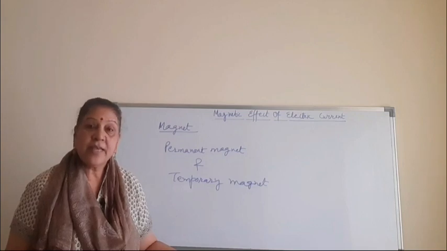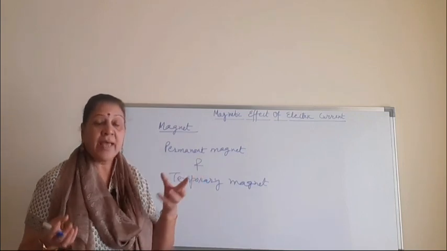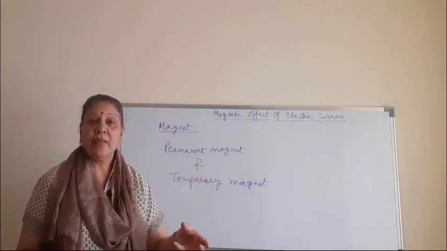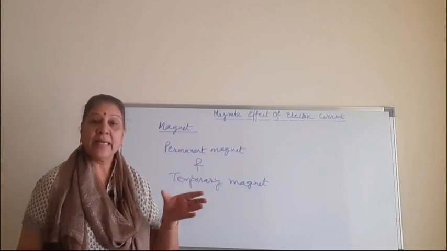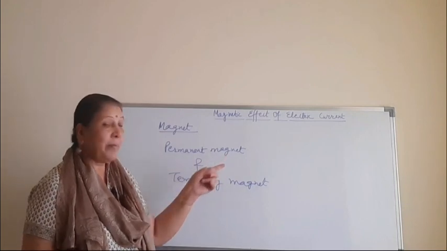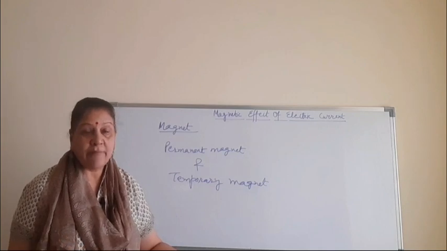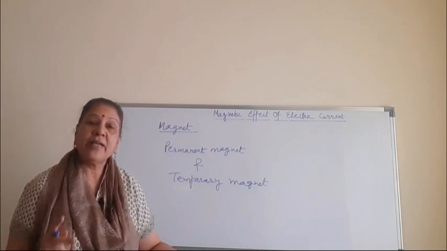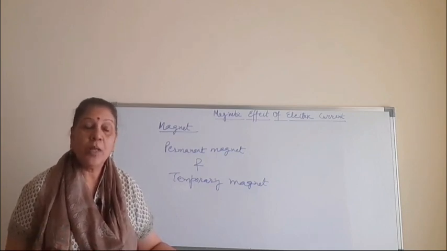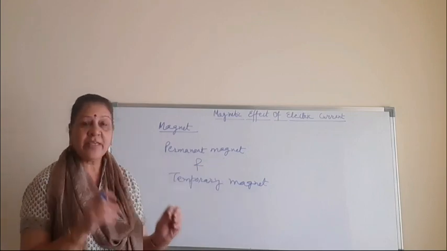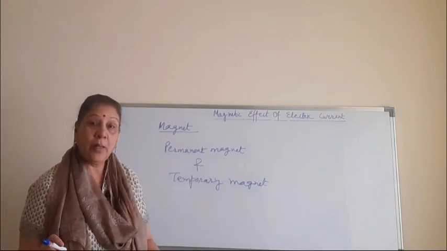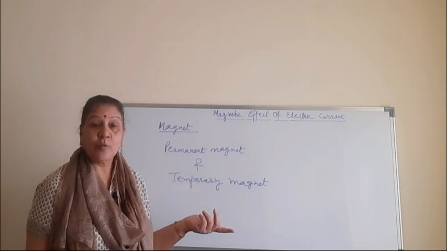What other features are there? It has its fixed strength. The poles, north and south poles, are fixed. You know that a magnet has two poles, north pole and south pole. So a permanent magnet has fixed north pole and fixed south pole. As I told you, its strength cannot be varied.